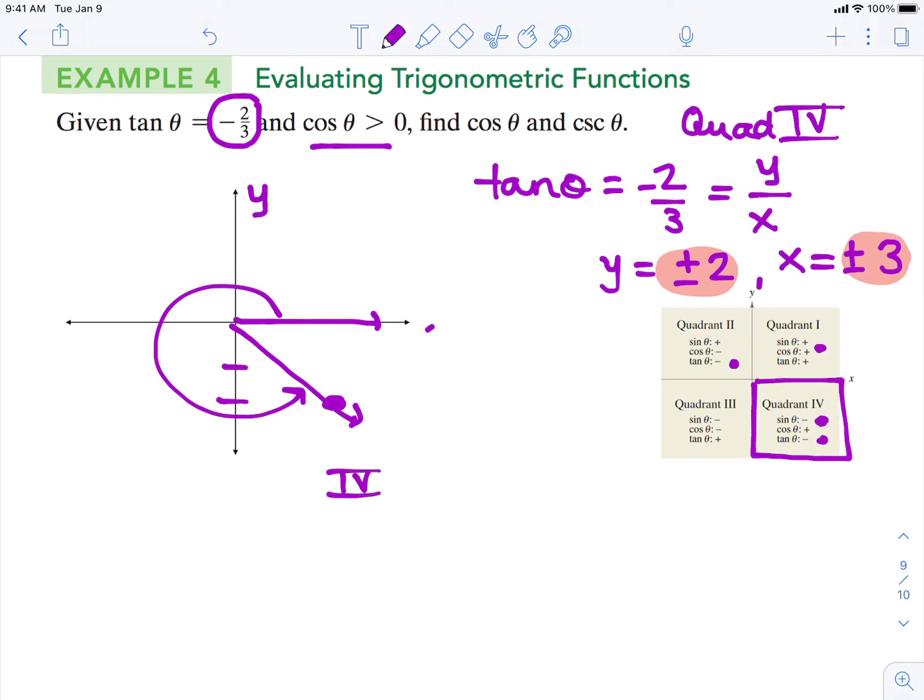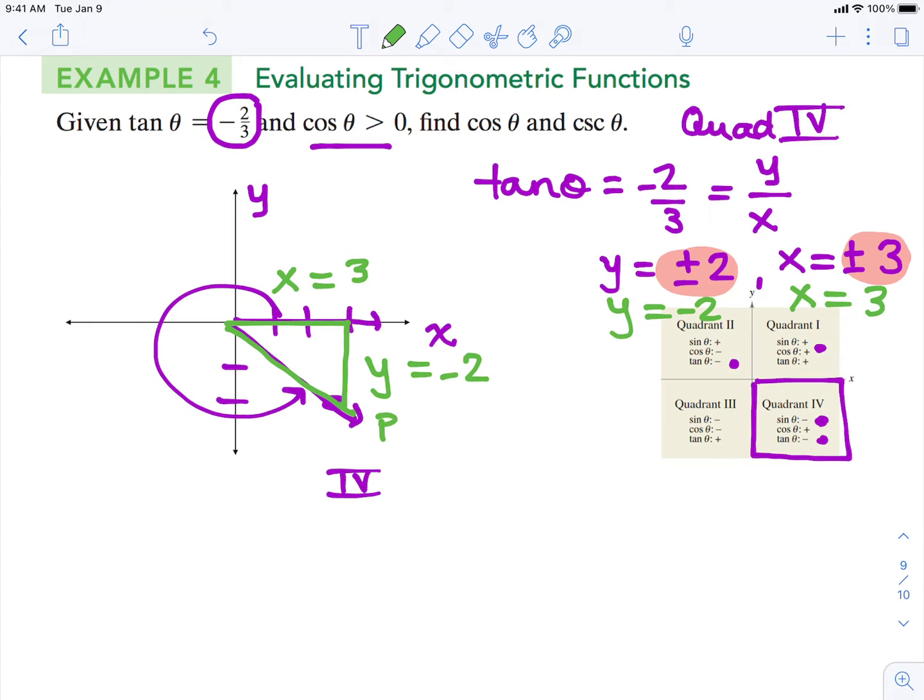On the x value, or x-axis, it's going to go right 3. So we're going to create this right triangle. So on the x-axis, we're going a positive 3, and then on the y-axis, we're going down 2. So that means then my y has to be negative, and my x would have to be positive.